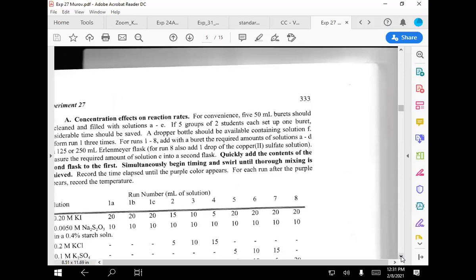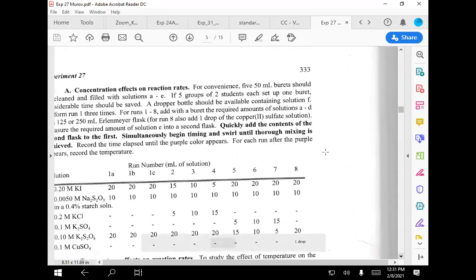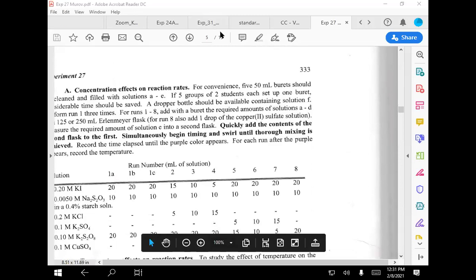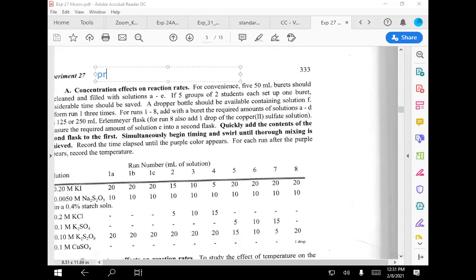And then this is your procedure. Okay, so your procedure is given here in detail.